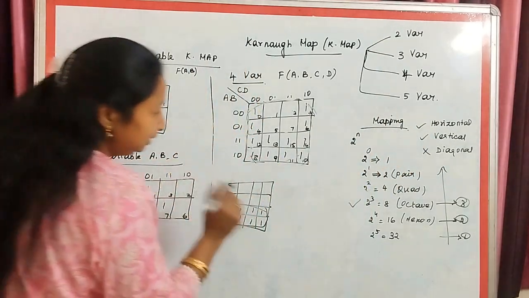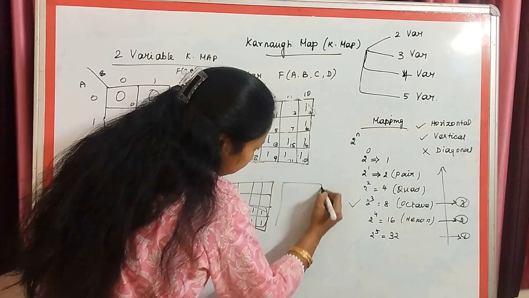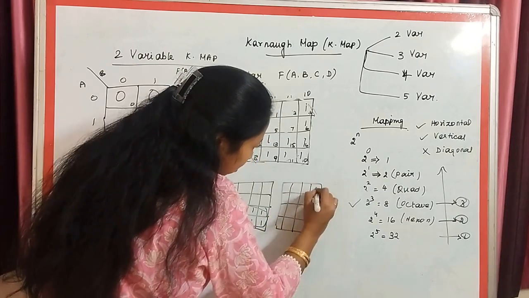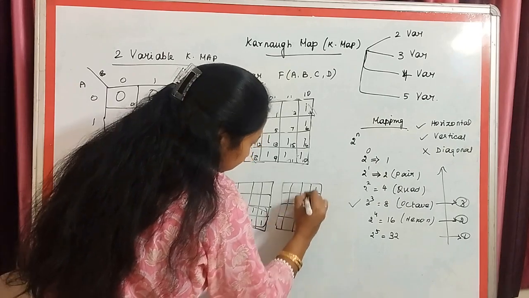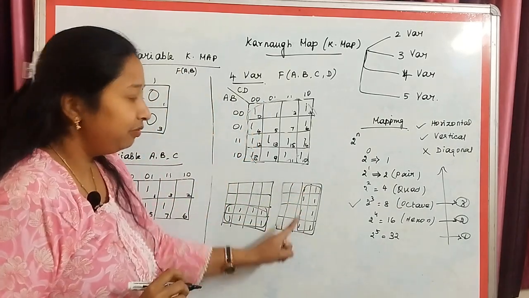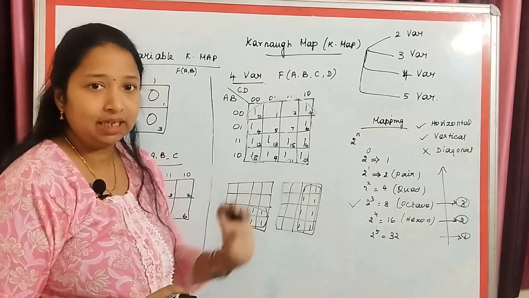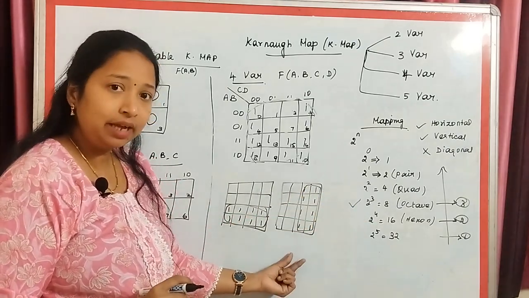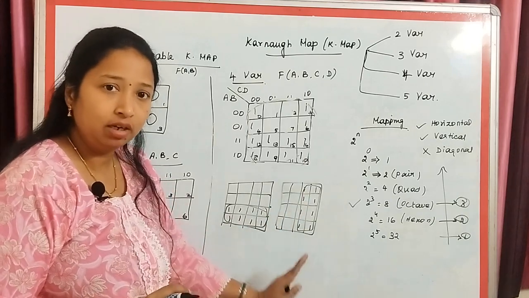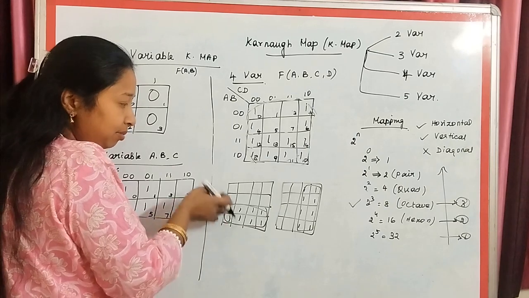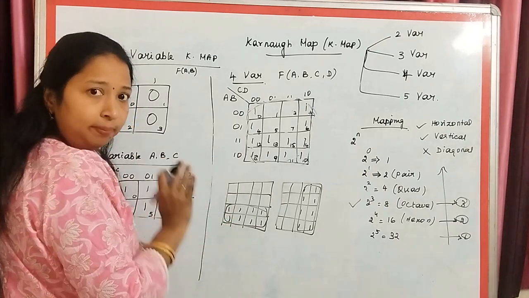In a similar way, if you have 8 ones in sequence on the vertical, you can group them as well as a single octave. This is called vertical. This vertical can be on the left or can be on the right. In a similar way, the horizontal can be the bottom or on the up. It can be any way.